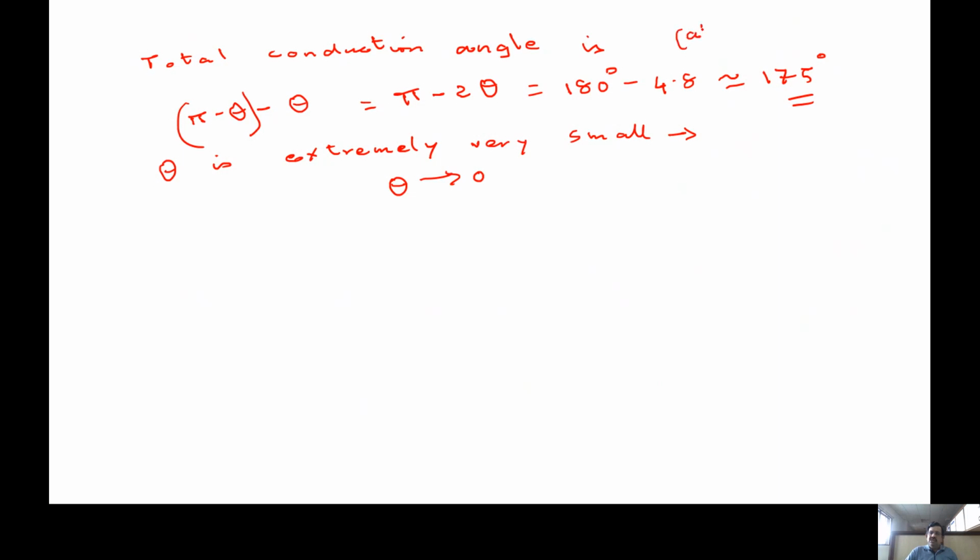Conduction occurs in almost one half of the cycle.